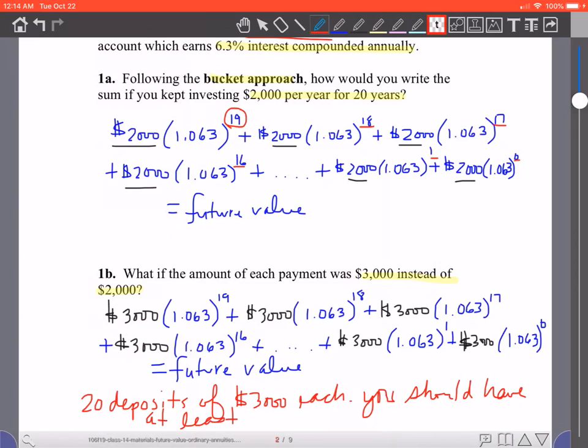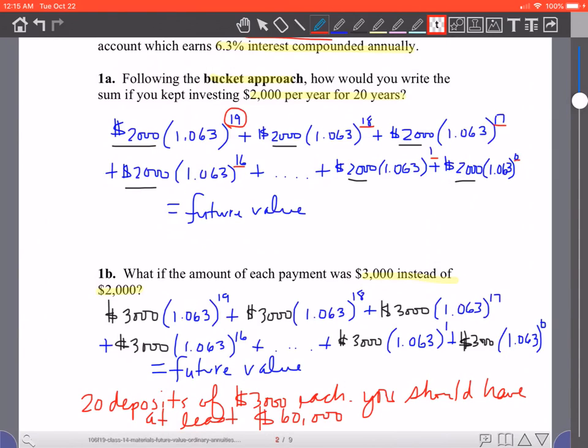That's $60,000. Now you're going to have a little bit more than $60,000 because remember, each of these deposits collects interest. So your contribution was 20 deposits of $3,000 each for at least $60,000.